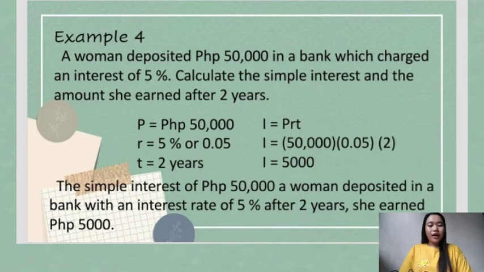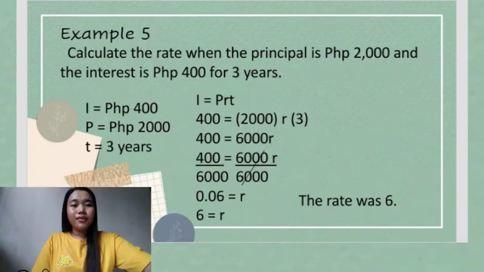P is 50,000 pesos, R is 0.05, and T is 2. So 50,000 times 0.05 times 2 is equal to 5,000. So for the 50,000 a woman deposited in a bank with an interest rate of 5%, after 2 years she earned 5,000 pesos.